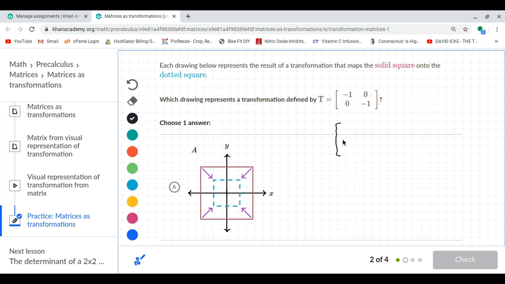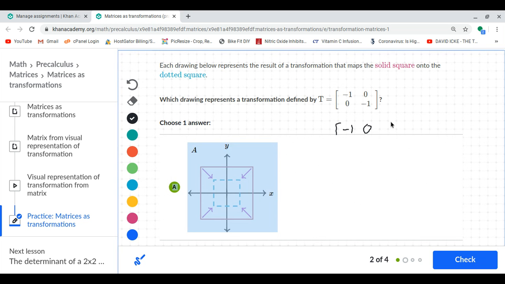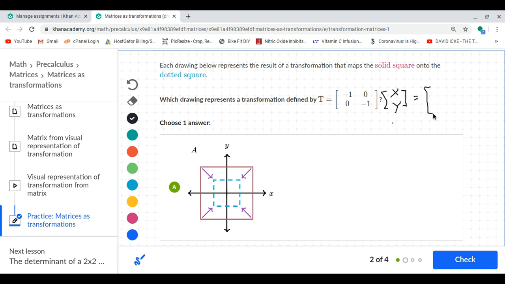Okay. So what's going to happen here is that the x coordinate... I can't write in the answers here. If we multiplied this by x, y, we're going to get -1 times x plus 0 times y, which is just going to be -x.